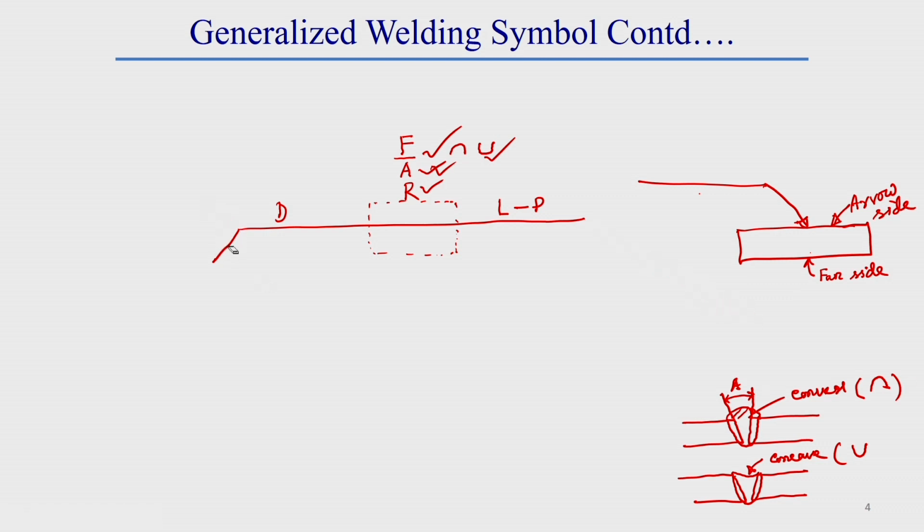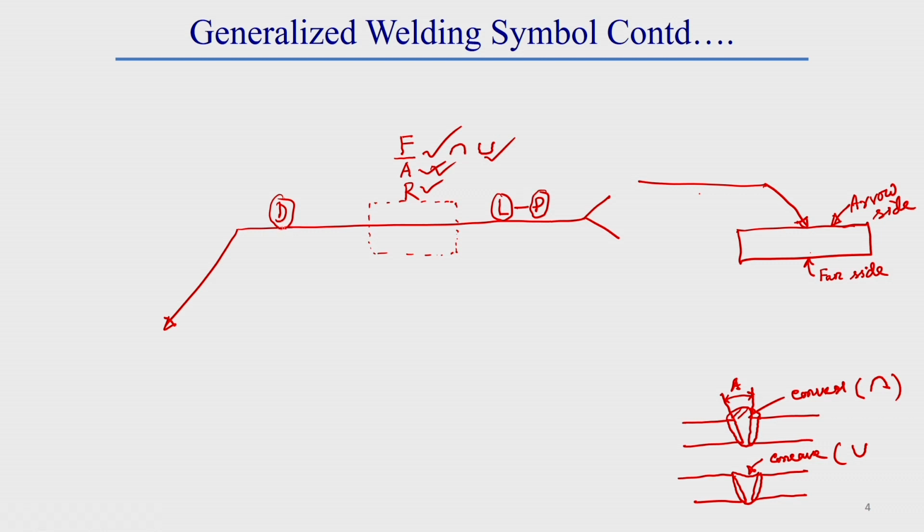Now, if the tail and arrow are shifted, say the tail to this side and the arrow to this side, then whatever elements are there will remain: on the left side of this joint geometry will be the groove weld symbol, then the length of weld symbol, and then the pitch of weld symbol.